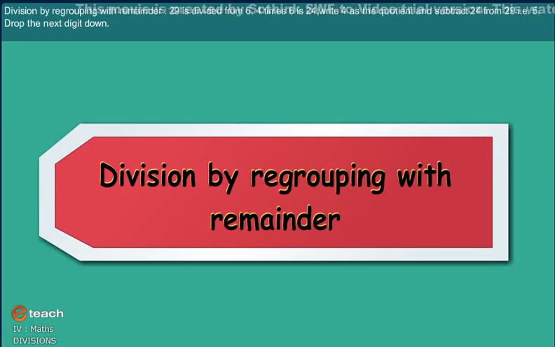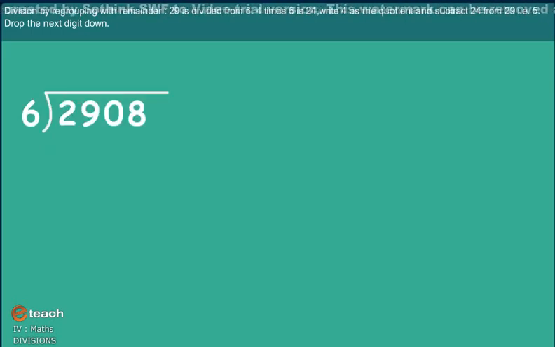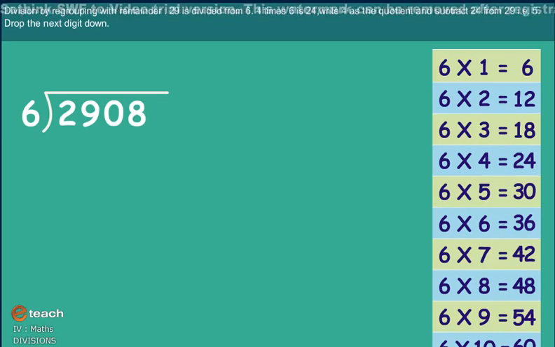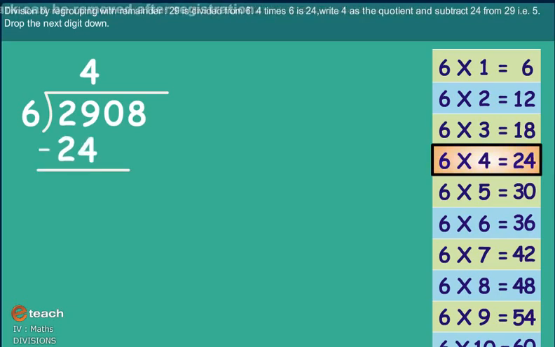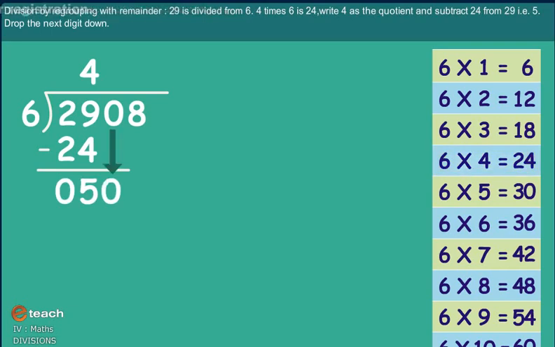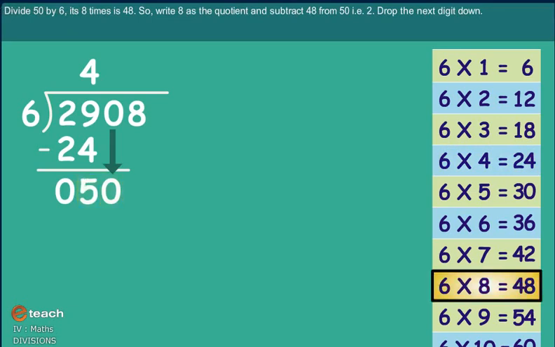Division by regrouping with remainder. 29 is divided by 6. 4 times 6 is 24. Write 4 as quotient and subtract 24 from 29. Drop the next digit down. Divide 50 by 6. It's 8 times, which is 48.